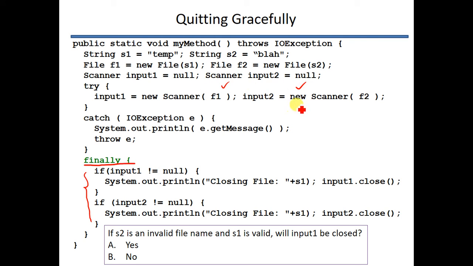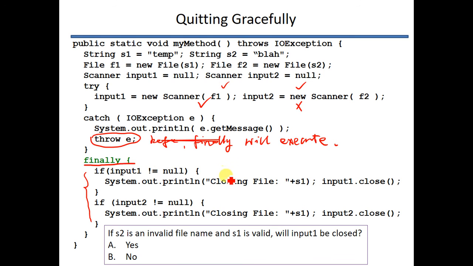If one of them is bad, for example, if this is bad and this is good, then catch will execute before you throw E, and before that finally will execute. So finally will always run whether you have an exception or not.